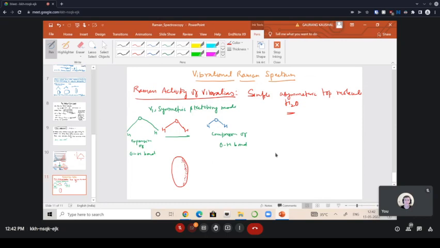That gives rise to the dipole moment, which further gives rise to the polarizability in that molecule, and the shape of that polarizable molecule is given like this. This is called the polarizability ellipsoid.